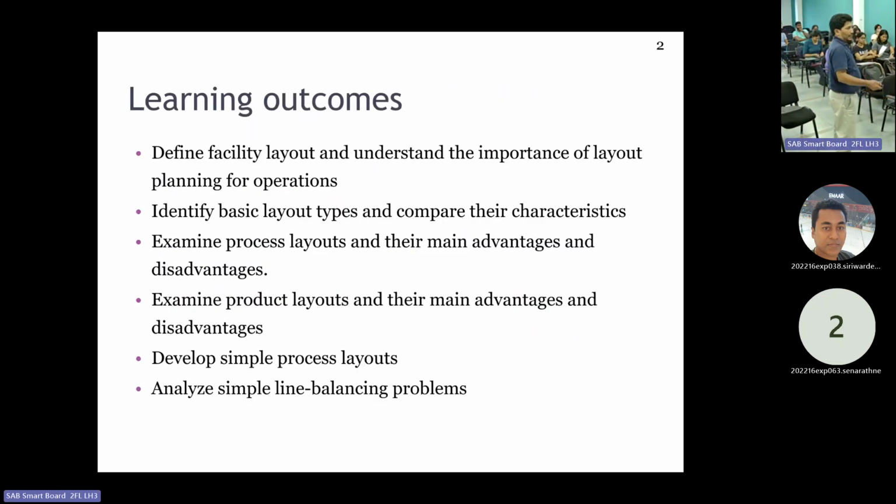So, in this topic, we will define what facility layout is and understand the importance of layout planning from an operations management point of view.